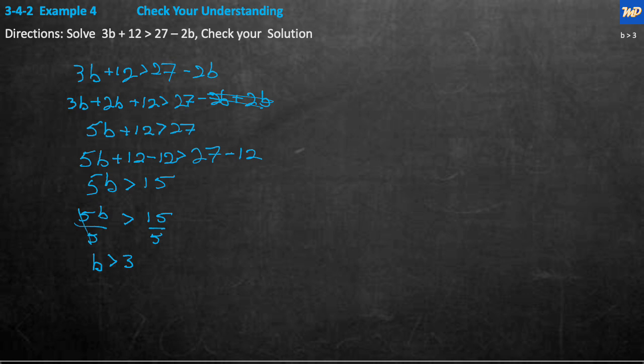Check your solution. So we're going to go back over here and say 3b, 3 times 3, plus 12 is greater than 27 minus 2 times 3. So 9 plus 12, is that greater than?